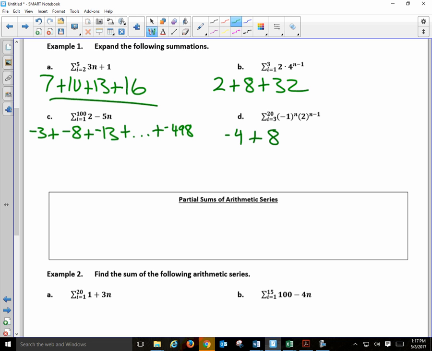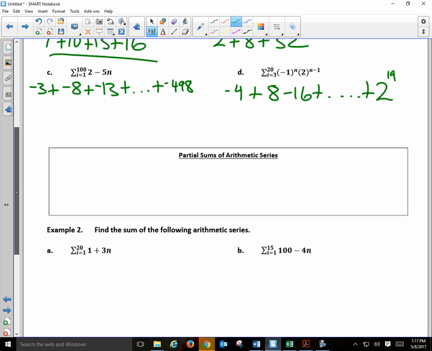Then I'll plug in 5. You can see that it's going to switch back and forth between positive and negative, correct? Yeah. And then we go all the way up to, if we plug in 20, is the negative 1 going to end up being positive or negative? Positive because it's an even power, and then 2 to the 19th. So there we have it. You can write 2 to the 19th. You don't have to write the actual number out.